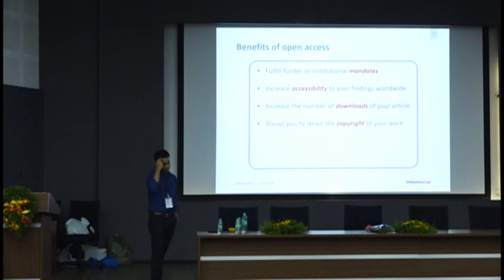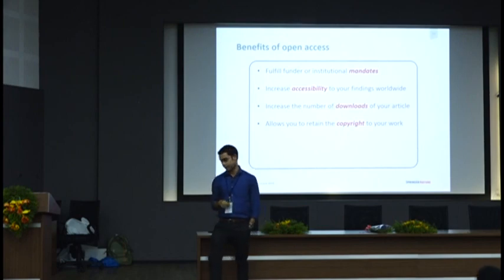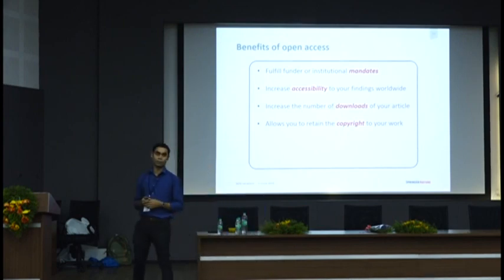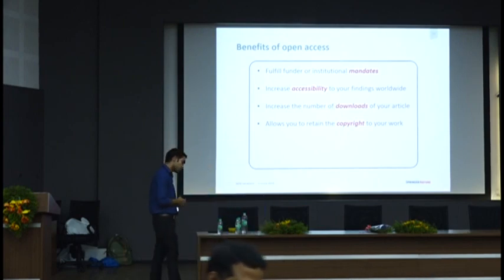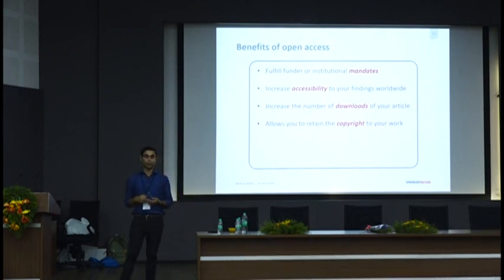Okay, the other thing is that subscription-based journals take the copyright. The publisher has the copyright because you sign the copyright transfer form. But in most open access journals, the author, that is you, gets to retain the copyright. Okay, so you can republish or do whatever you like.